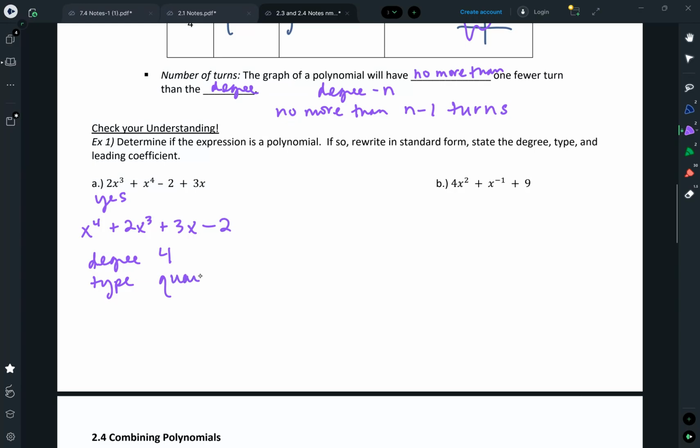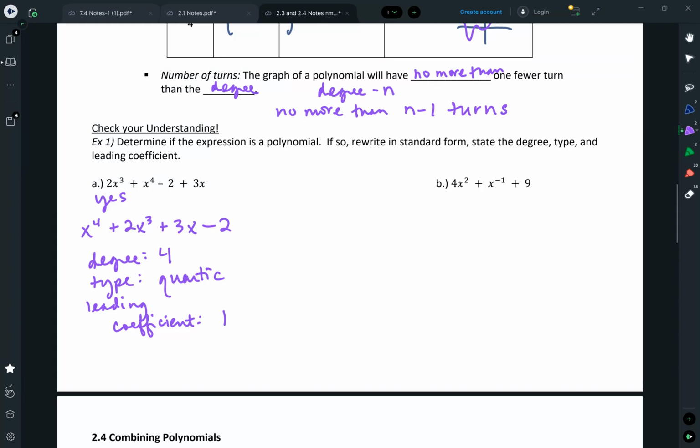After 4, generally people would just say 5th degree, 6th degree, and not worry about naming them. You really could say this was a 4th degree polynomial. That would be okay, but we do have a special name for it. And my leading coefficient is going to be 1. Remember that x to the fourth, there's that imaginary 1 in front of it.